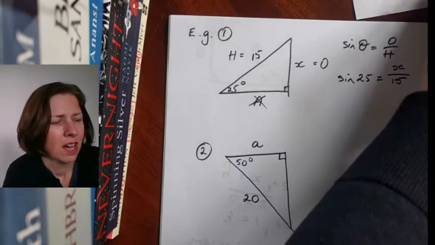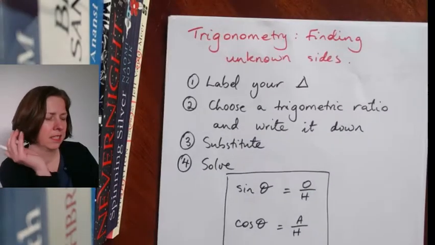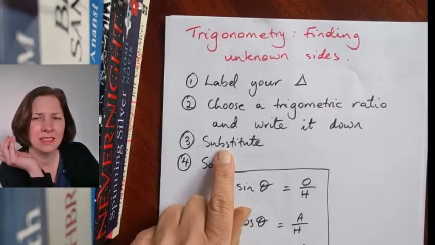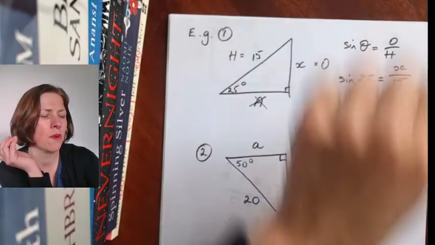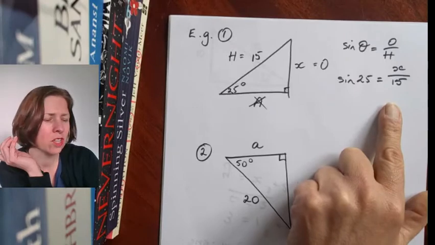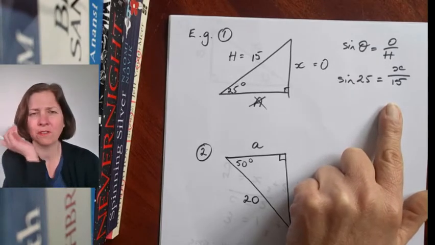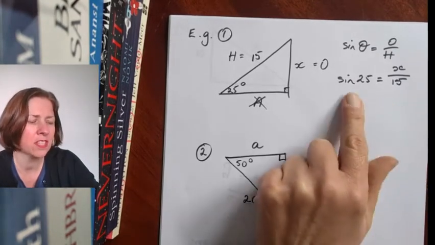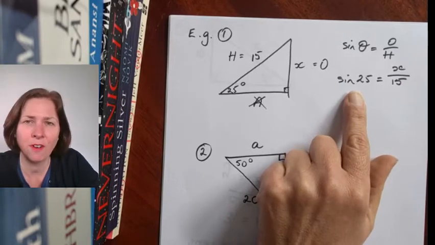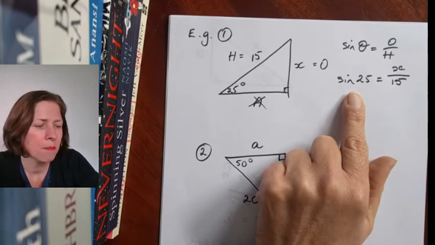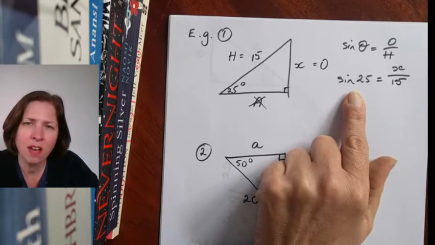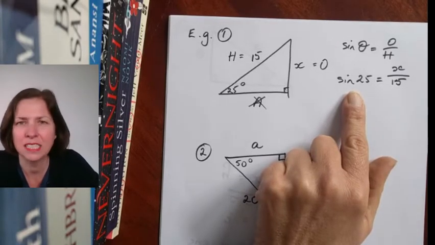So I've done step 3, I'm just up to solving now. I need to solve this equation for x. I've got sine 25 equals x over 15. Now, one thing I really want to emphasize to you is that sine 25 is a number. It's not the number 25, but after I put sine 25 into my calculator, I'll have some decimal number.